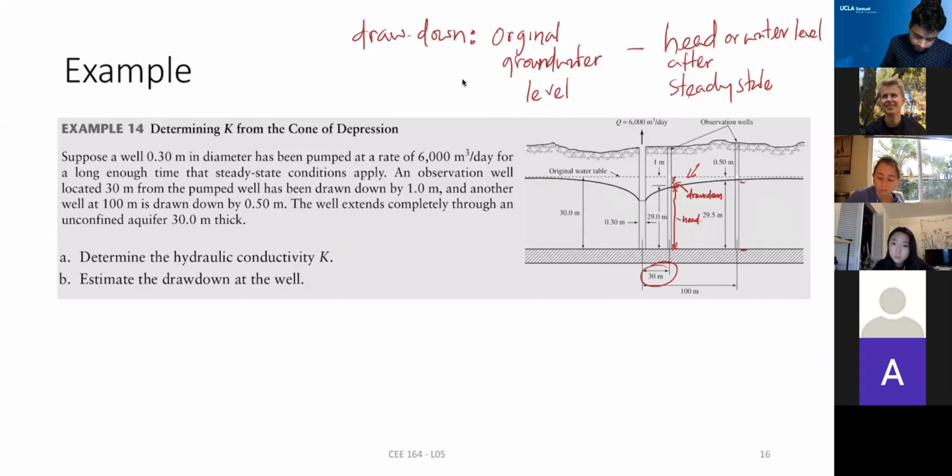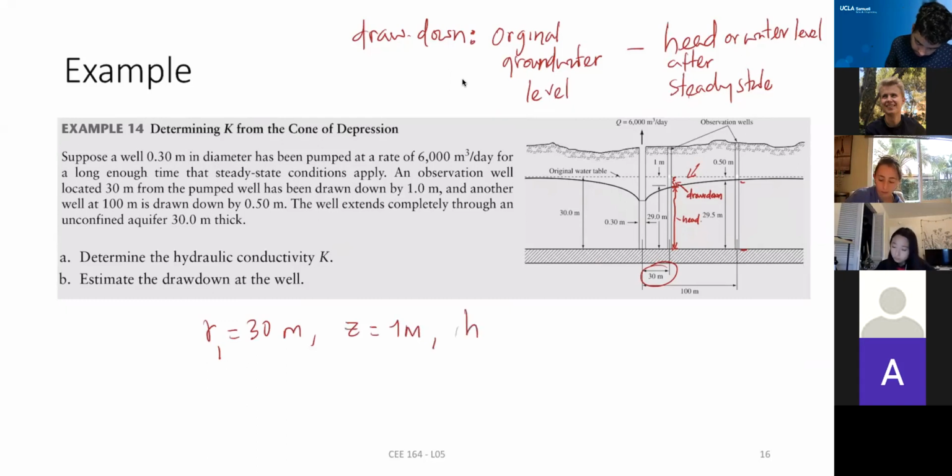So here it says the drawdown at 30 meters. So I'm going to write R equal to 30 meters. Your drawdown, let's say G is the drawdown, is 1 meter.